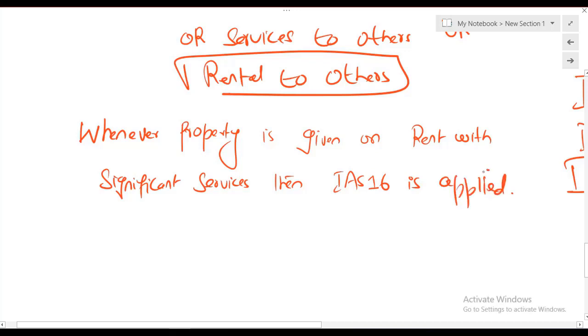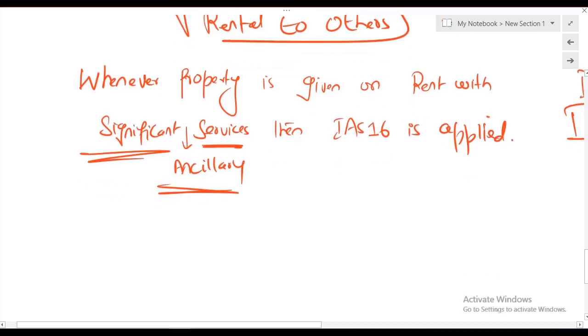Now there is only one question: what do you mean by significant ancillary services? Let me give you an example. What we have written is, whenever property is given on rent with significant ancillary services, then IAS 16 is applied.